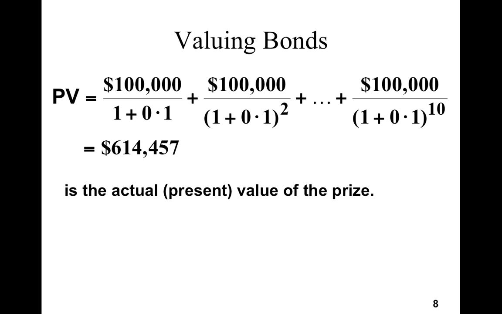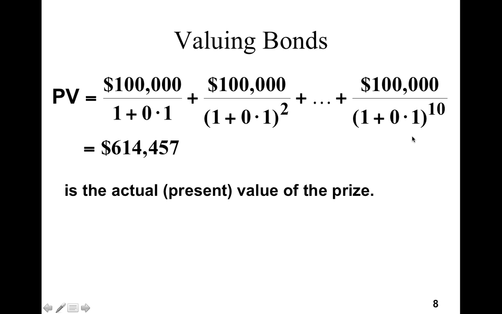So that is the actual present value of the prize. And so if this was a bond that promises you this kind of payment, then you should not pay more than 614,457 as a price for this asset. Now notice this is a world of certainty. So we have specified not only how much amount you're going to get every period, which is the usual case for a bond, but we also have specified what the rate of return is going to be every year.